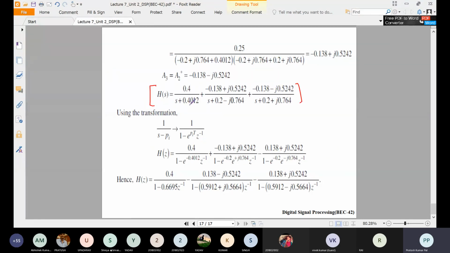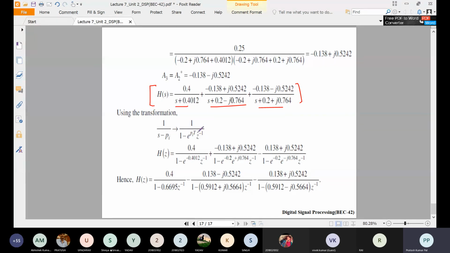After separating the poles, we can replace each term A1 upon s minus p, the pole location in the analog case, by a digital term, that is 1 upon 1 minus e to the power pT into z inverse.